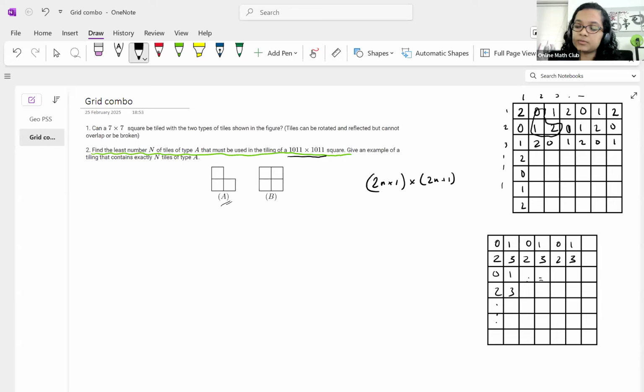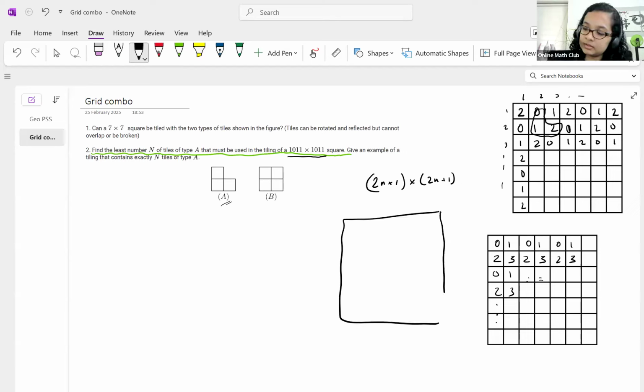So you're not going to have an equal number of all the colors, and that difference which you're getting should be made up by the A-type tiles. So let's say you have a 2n plus 1 by 2n plus 1 grid. So up till here, there's going to be 2n here and 2n here.